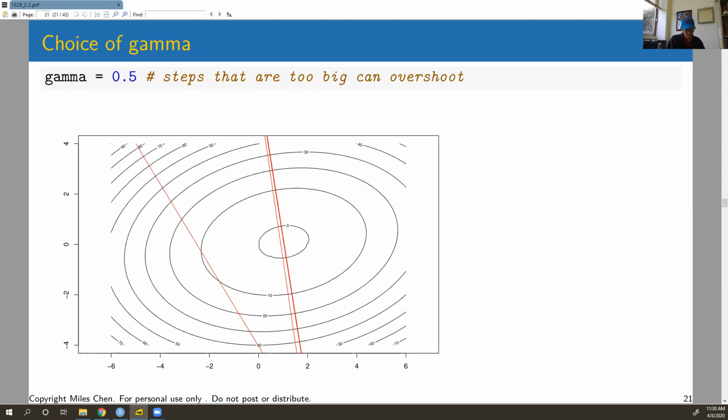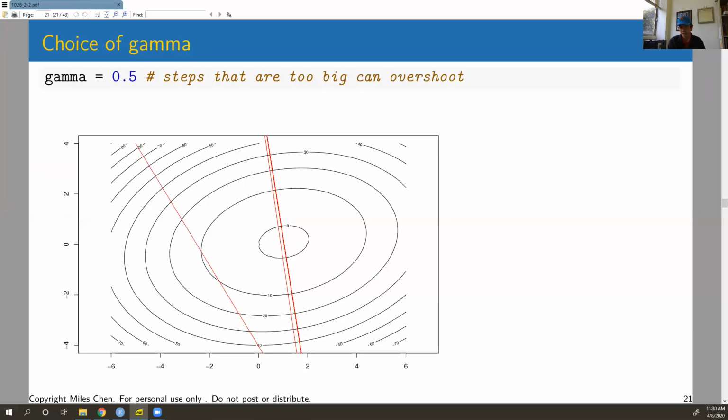So what you choose for your gamma can have a profound impact on the performance of your gradient descent. And we don't have a good way to say this is going to be the best gamma. Right now, your choice of learning rate, your choice of gamma or lambda or whatever letter you want to call it, is a little bit arbitrary, and it's a lot of trial and error.